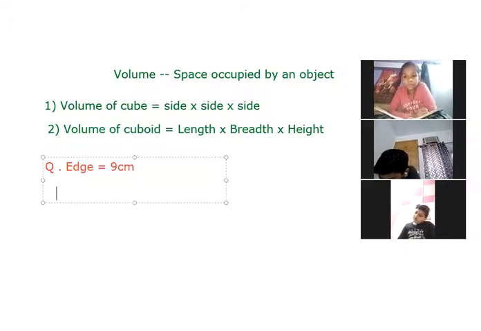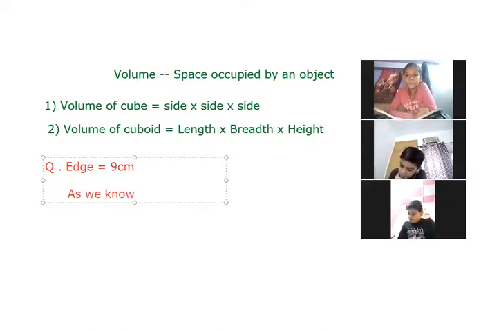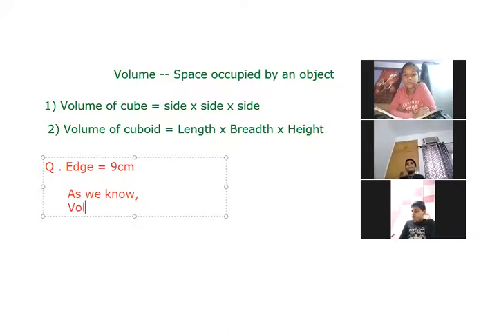Okay, so how are we going to find it out? First of all, we are going to write down the formula, and before writing that, we must write down "as we know". This is the exact way to write down the formula. As we know, the volume of cube is equal to, simply we can write with the help of the letter S, S multiply by S multiply by S. So you can write side multiply by side multiply by side.